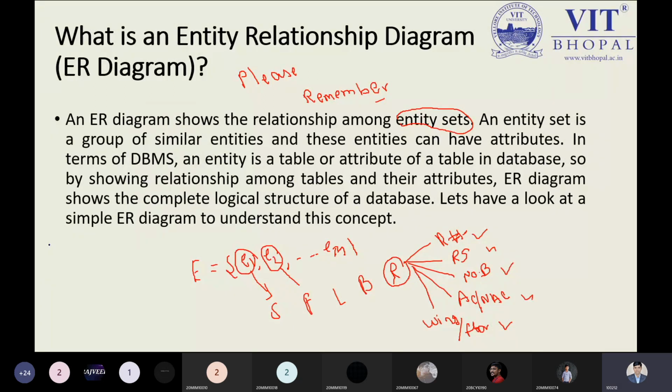Suppose in an ER diagram, I have an entity set E. This entity set can have many entities, recognized as E1, E2, and so on up to En.